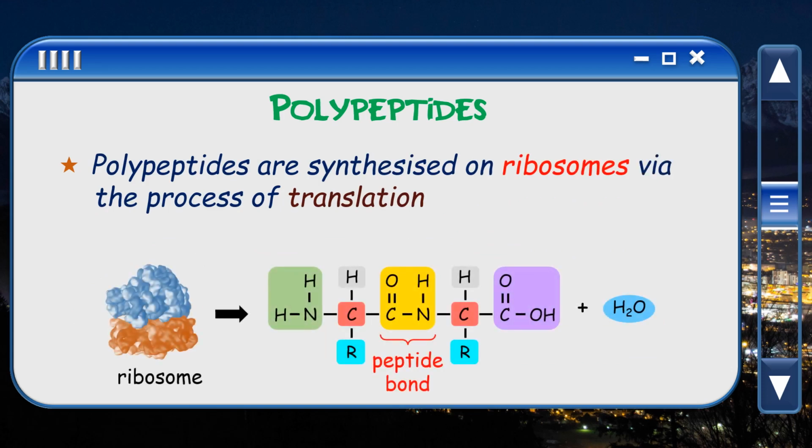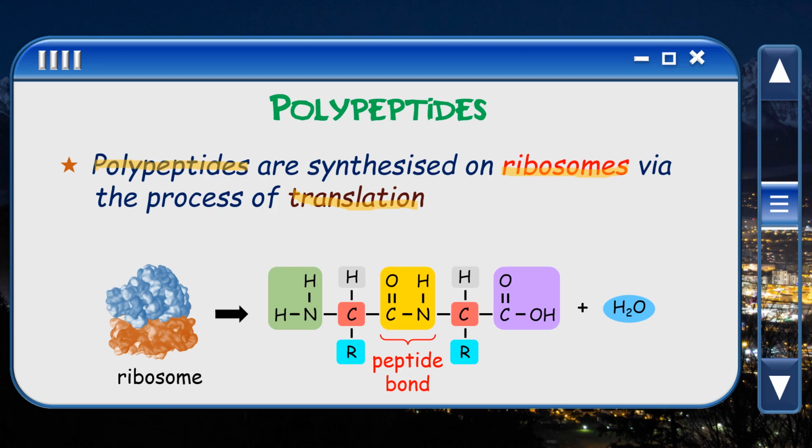Polypeptides are synthesized on a ribosome via the process called translation. These polypeptides are prepared by translation, and this process takes place on the ribosome.